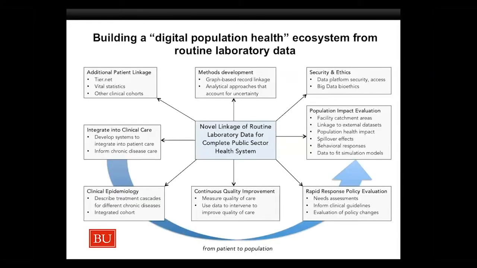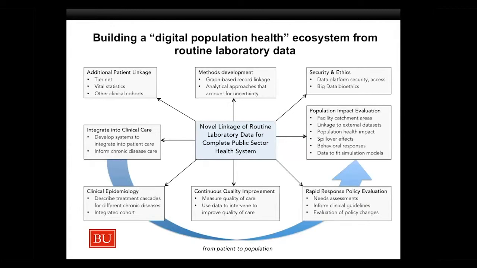So I've shown our record linkage process and a few examples of the implications of this work, but we really see this in the context of a larger project where, starting at 12 o'clock and moving counterclockwise, there's the methods development aspect of thinking about how to incorporate graph-based methods in record linkage, and thinking about statistical uncertainty when you have clustered data.